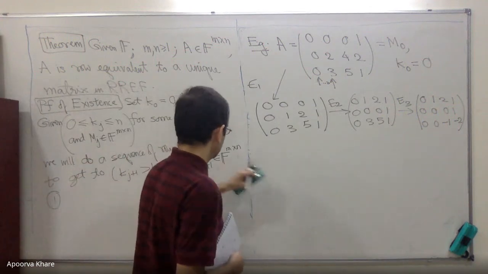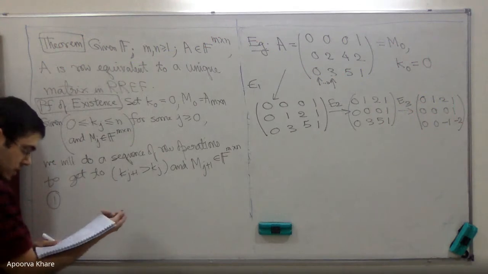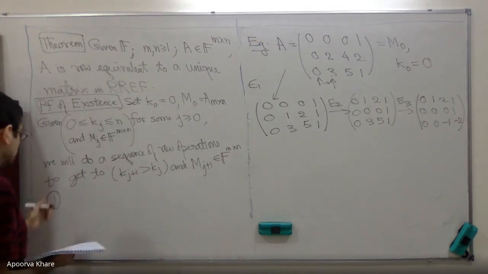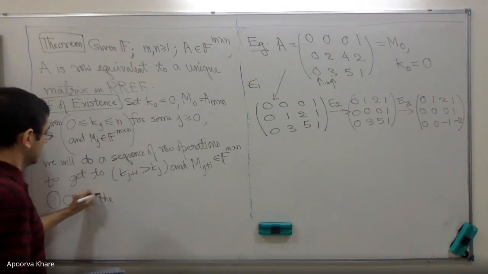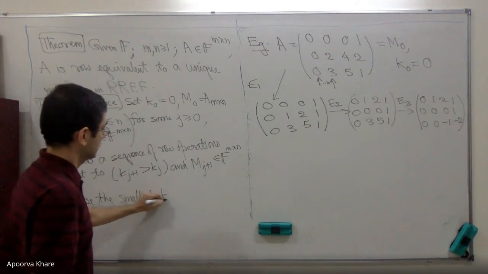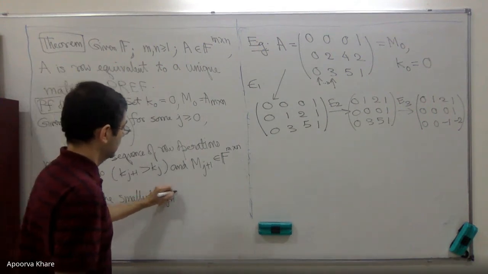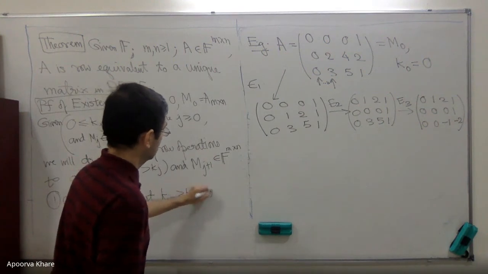Find the topmost row. So okay, choose the smallest kj plus 1. Choose the smallest such that what happens?